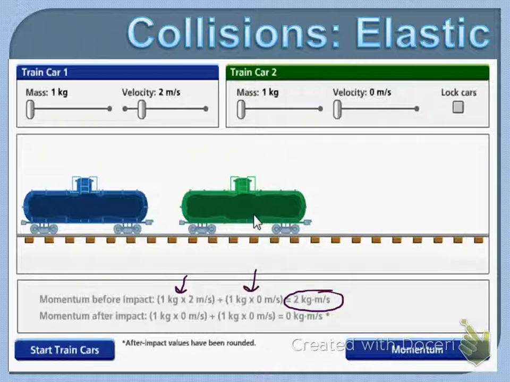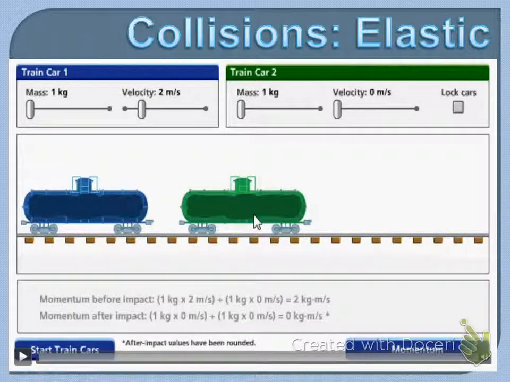And it tells us the momentum after impact, which, let's play this and see what happens, because I don't think that's the way it's supposed to stay. Okay, I see what happens. Before we play the animation, there is no momentum after impact because there hasn't been an impact yet. So when we play the animation, we'll see what happens.